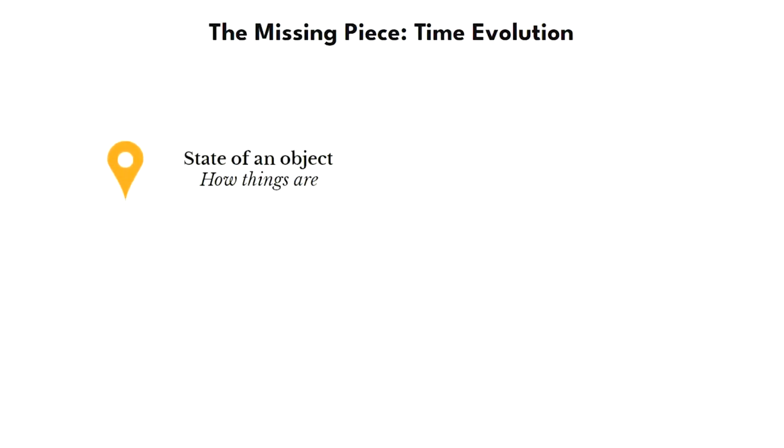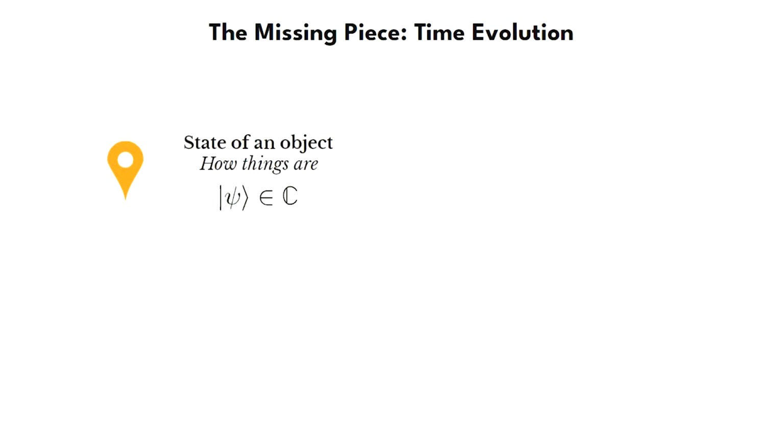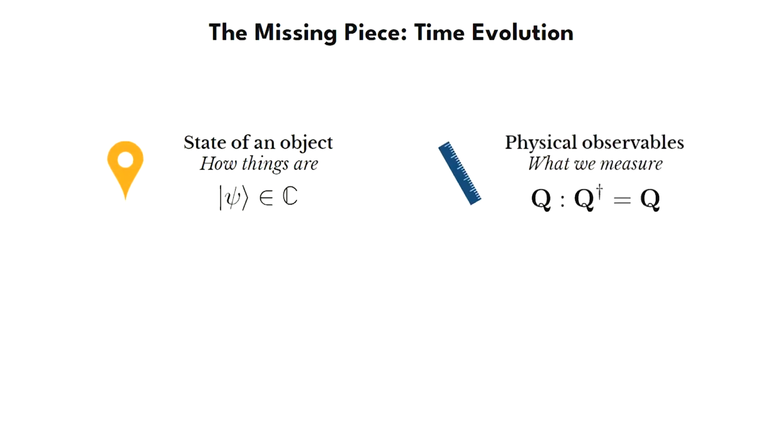Right. Now, let's recap what we have talked about. We know how to define the state of quantum objects as vectors with complex amplitudes. And then we also define the physical observables that we can measure from a quantum system, and they have to be Hermitian operators.